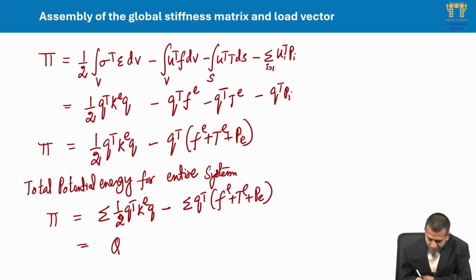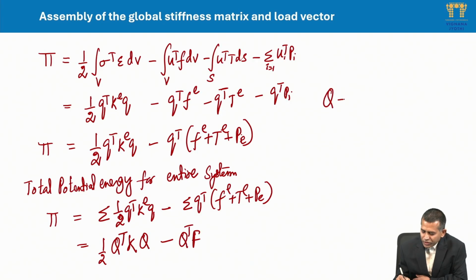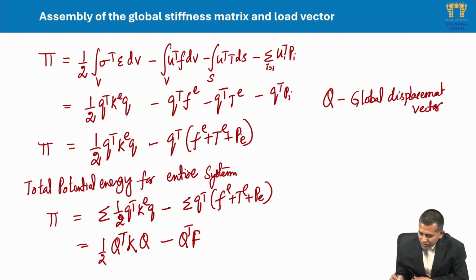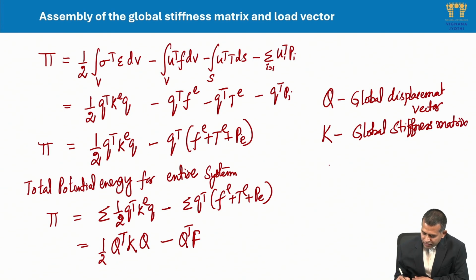Overall, you can write this as half of Q transpose K Q minus Q transpose F, where this Q is nothing but your global displacement vector, this K is your global stiffness matrix, and this F is your global force vector.